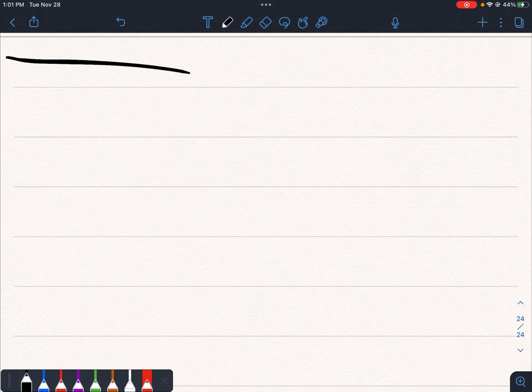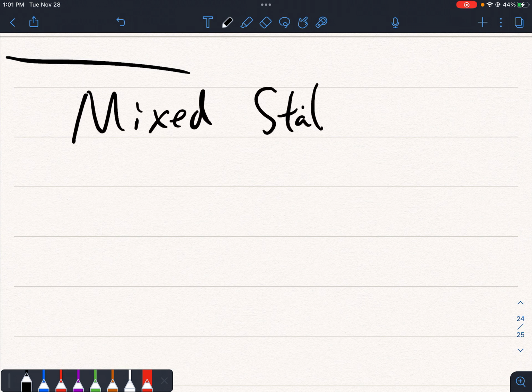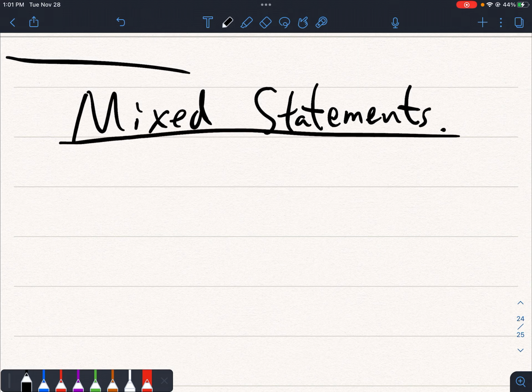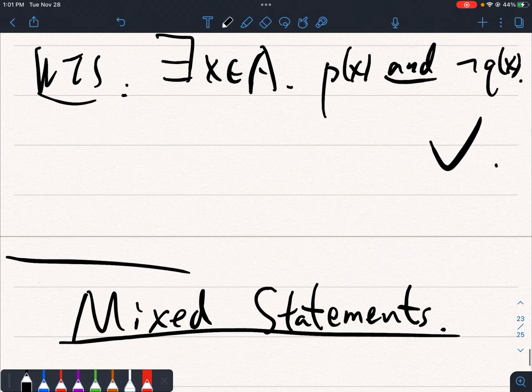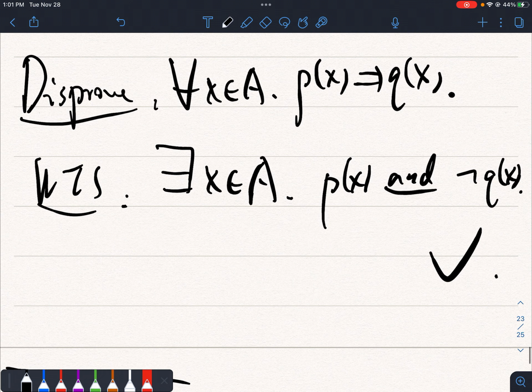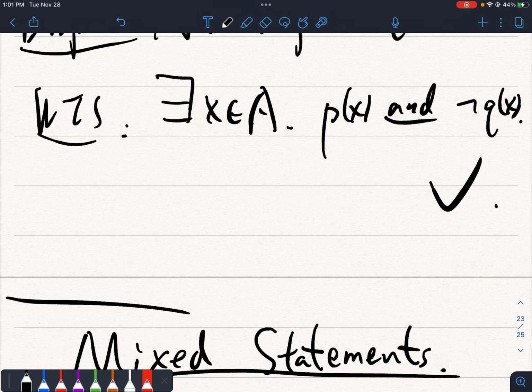Okay, so now I will talk about the mixed statements and then how to prove or disprove some mixed statement. By the way, I have shown that to disprove any statement, all you need to do is just to prove the negation, right? And then every negation is also in this form, right?